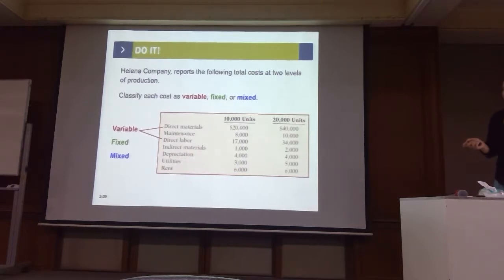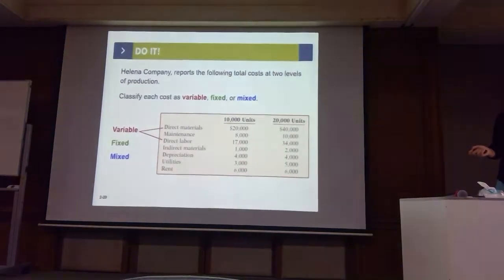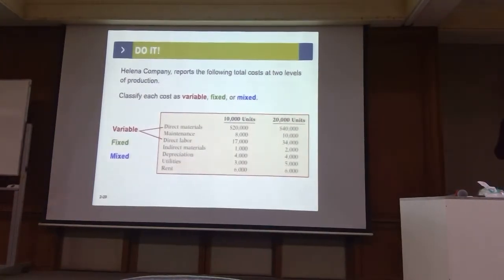When you produce more, the total direct labor cost increases. And how about the direct labor cost per unit? Remains constant at 1.7, right? And do we have anything else considered as variable? Yeah, indirect material. When we produce more, the total indirect material cost increases, and indirect material cost per unit remains constant at 0.1.